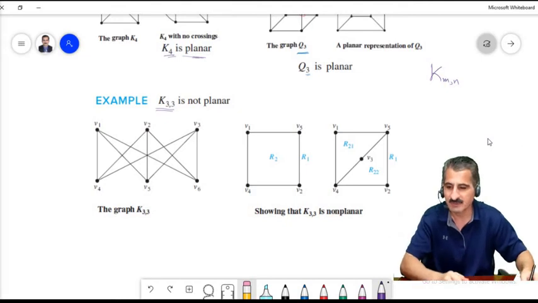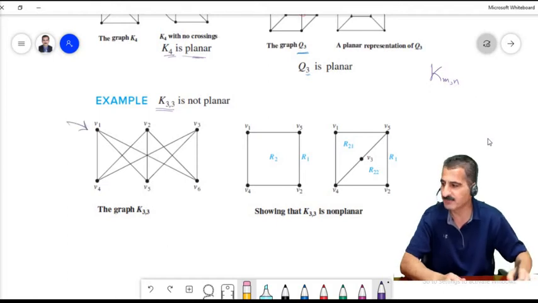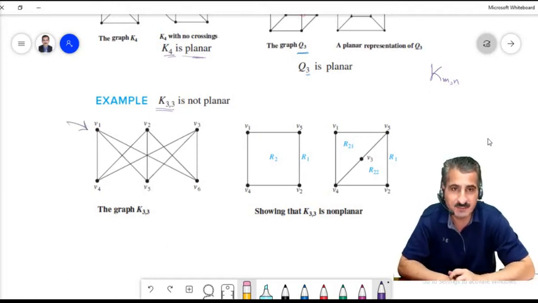Now, can we draw this graph here in a plane without having edges crossing? And the answer is no. We will not be able to do it. So let's play with it and see why we cannot do that.